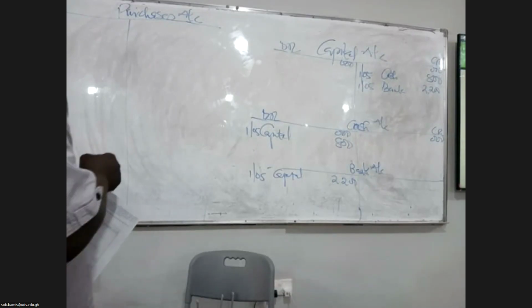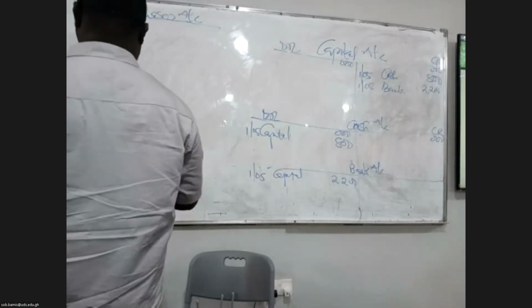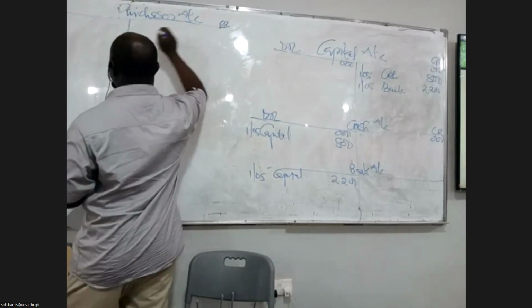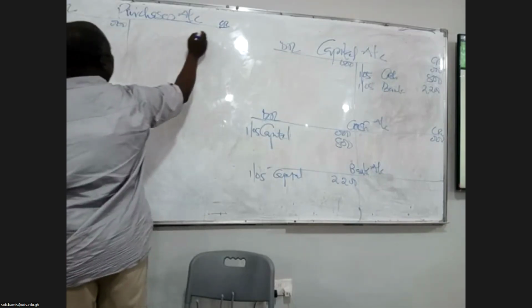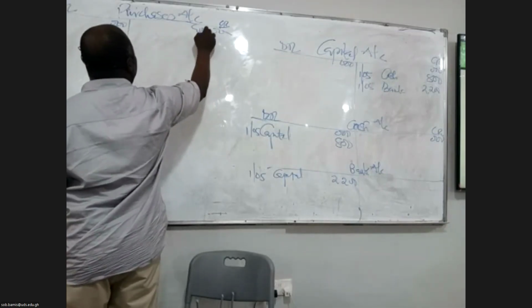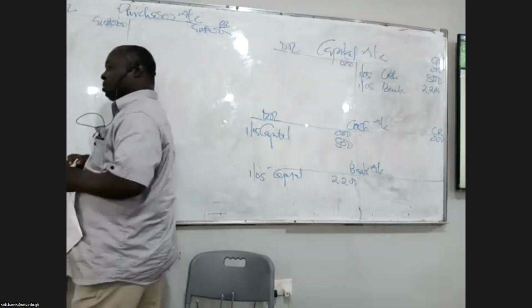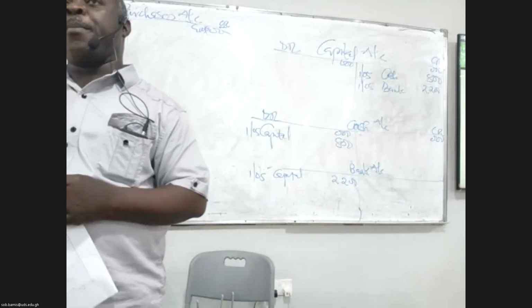Look together at the purchases account. If we open the purchases account, this is our credit, and this is our debit. The zeros are here with the Ghana cedis. So we ask ourselves, what do we debit?